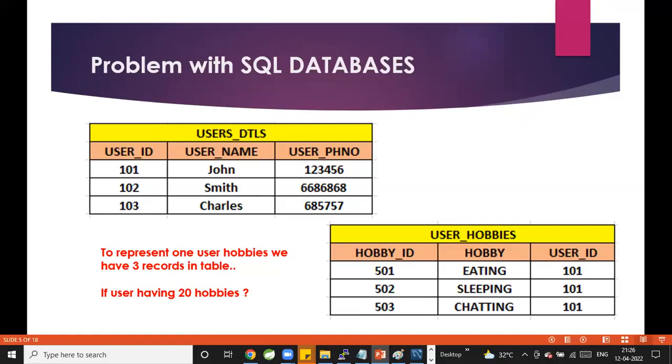Now, let's talk about application. I want to add the user's data in my project. If I want to add the 3 users with the 20 hobbies, how many queries should execute? 60 queries should execute. That means your application should communicate with the database 60 times, plus these 3 also. 63 times your Java program should interact with the database by opening a connection.